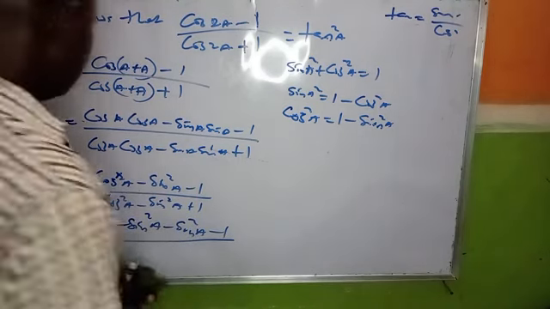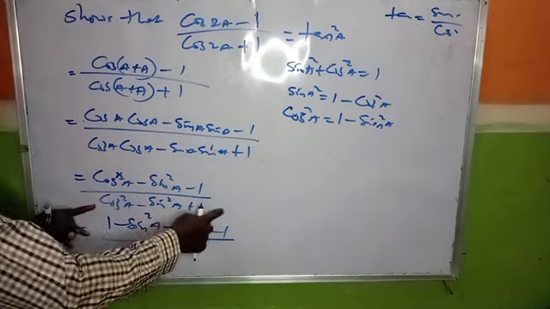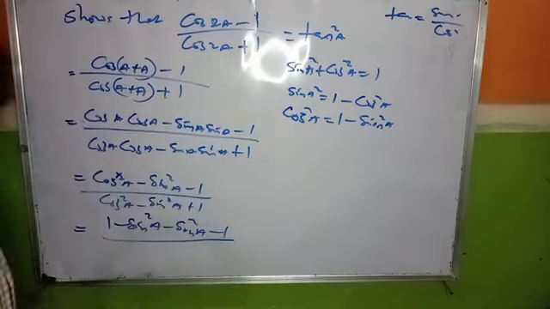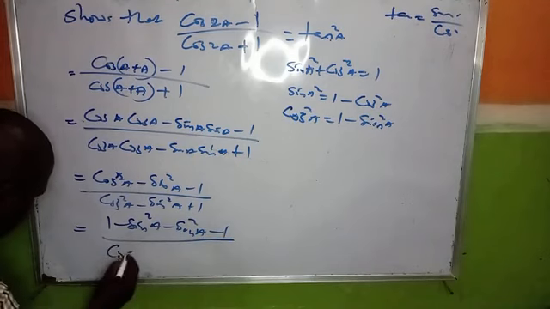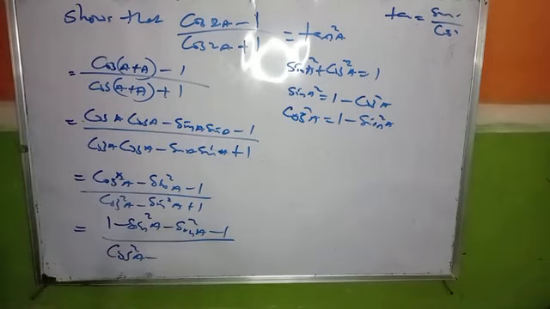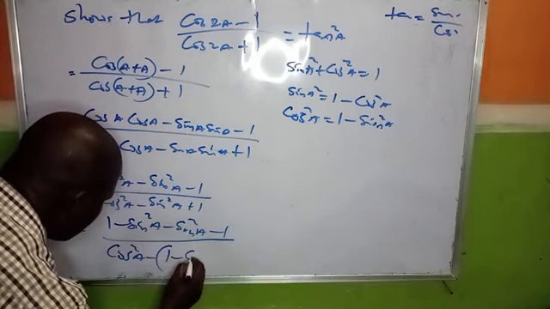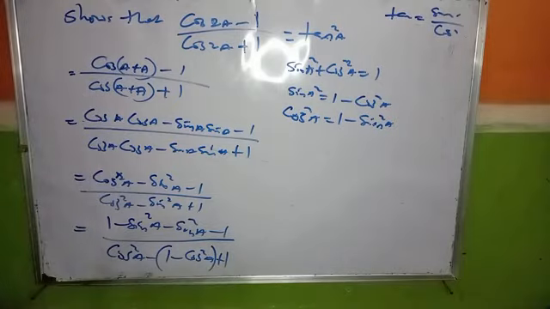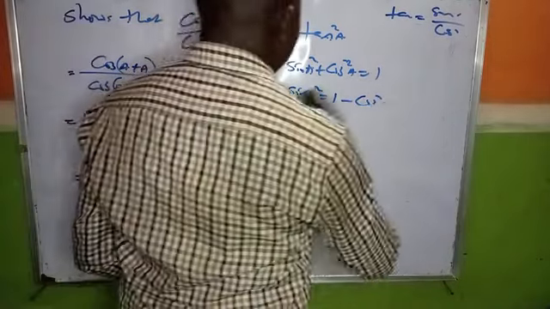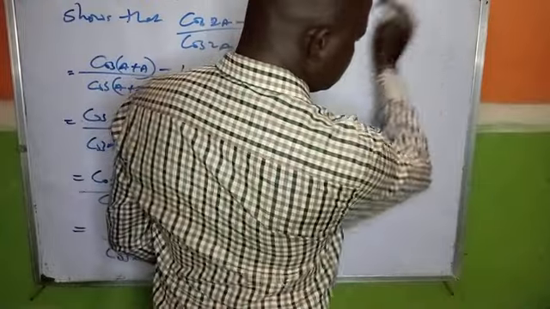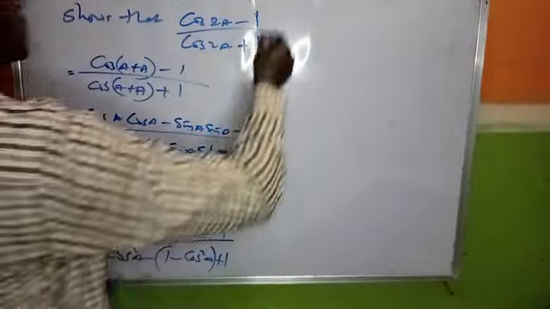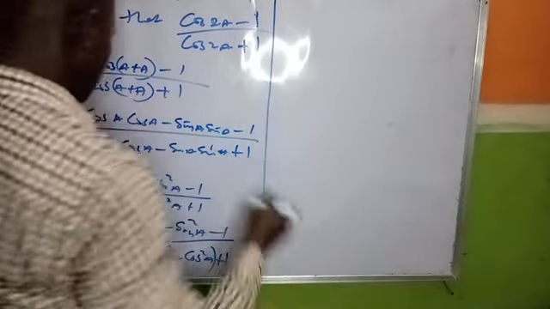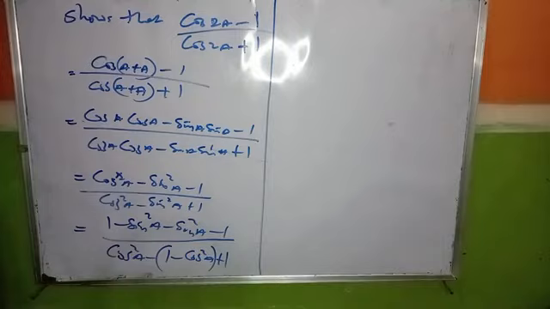Again, for this, what do you have? You are replacing this with this. So you will have cos square A minus, put it in bracket, 1 minus cos square A plus 1. So once you mind that, it's very simple. Now here you have, look at 1 minus 1, 0.